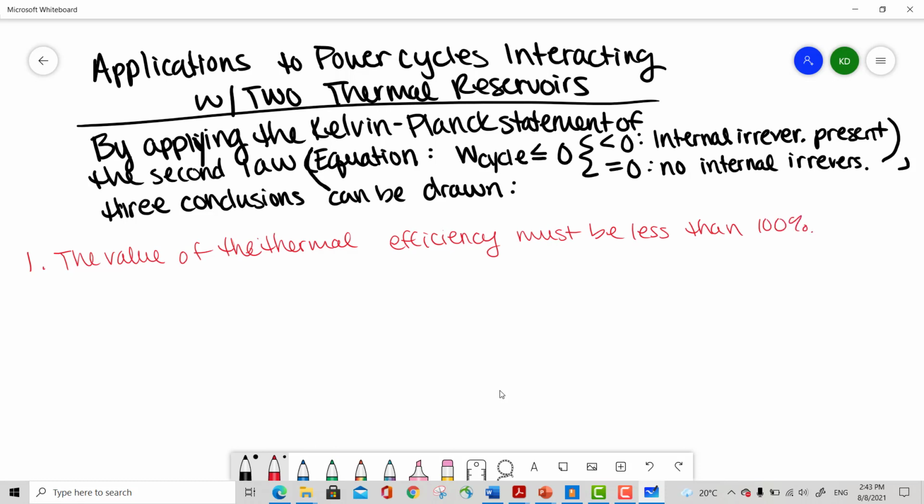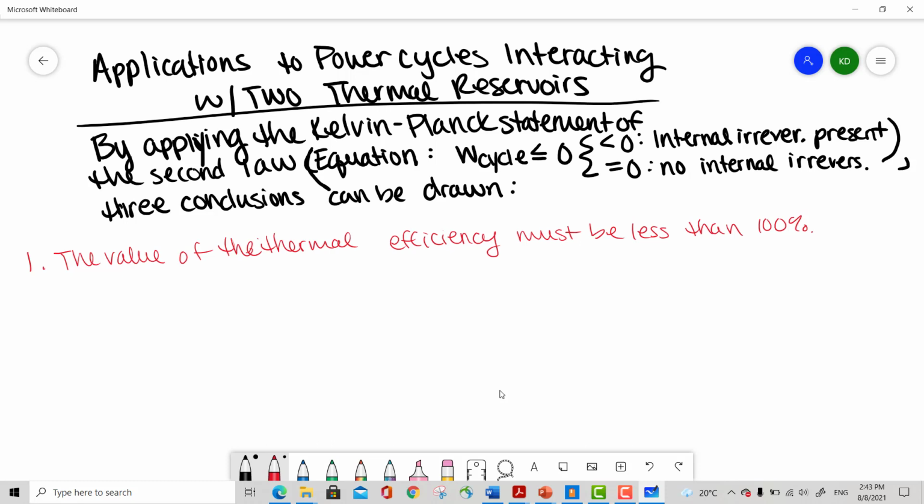So let's talk about this. It makes sense, but if you are still having trouble with this, let's think about this. The value of the thermal efficiency must be less than 100%. Why should this efficiency be less than 100%? First of all, we know that nothing is 100% efficient, right? But then also, because when you're talking about two thermal reservoirs and you have that heat transfer hot coming in, and then you're using some to create that work for the cycle, and then some of that heat transfer cold is coming out, then you know that you're not going to be 100%, right?